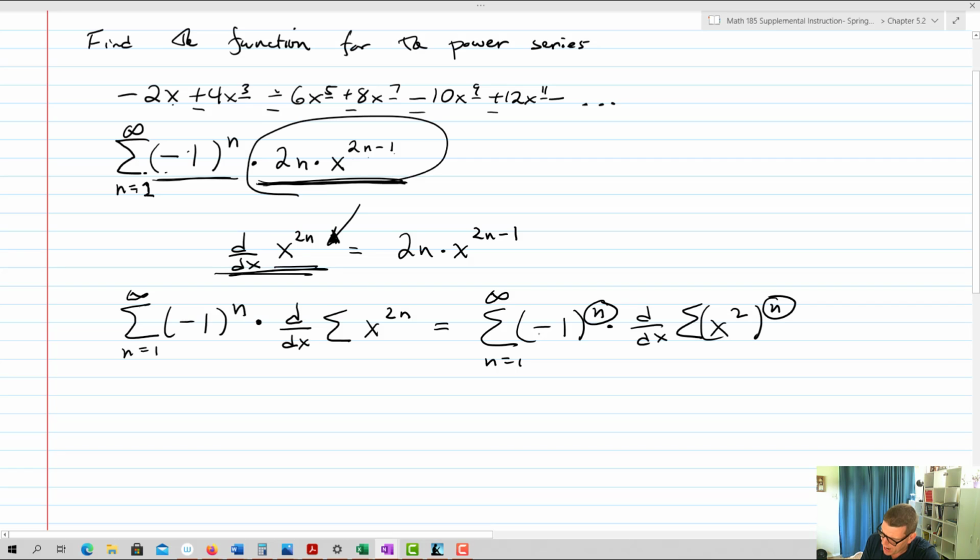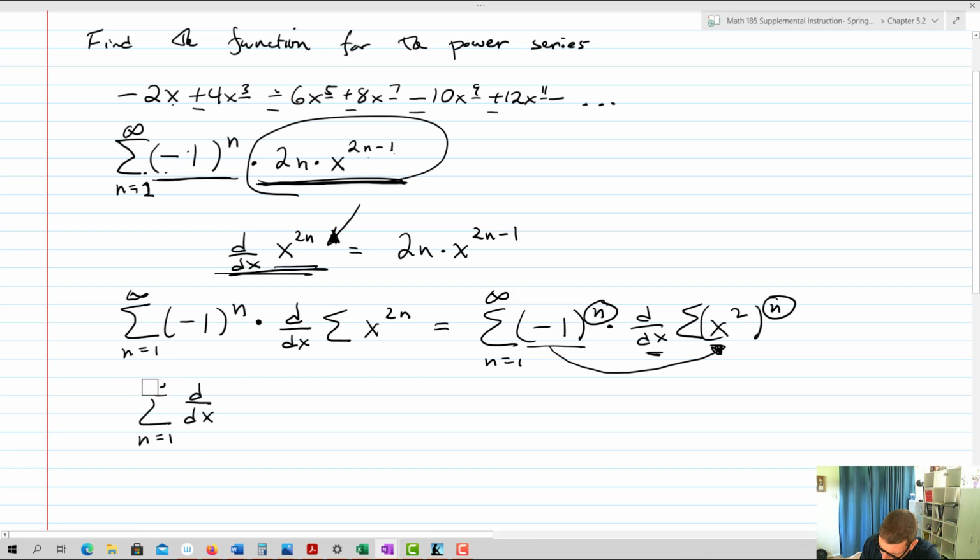Okay? So now I'm going to move in that negative. This is just a constant, it doesn't have anything to do with x, and so we can move the negative inward.